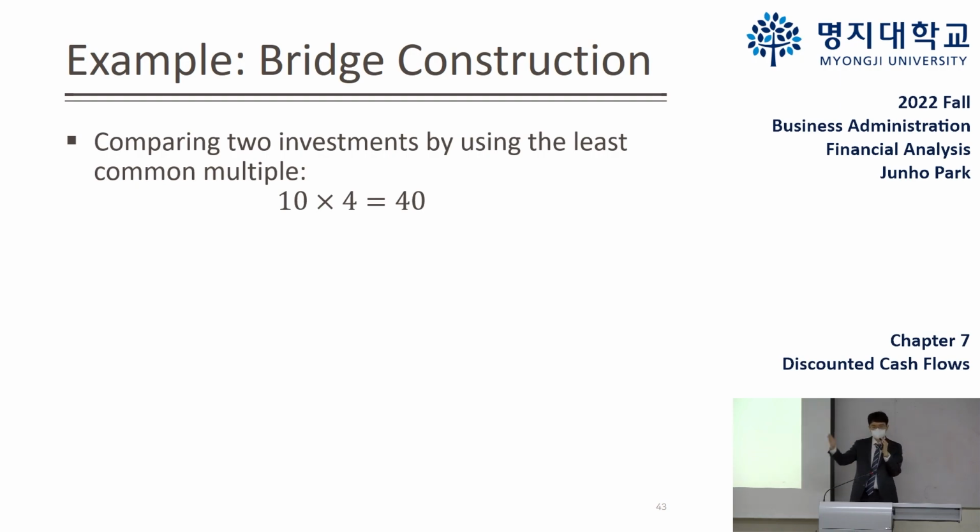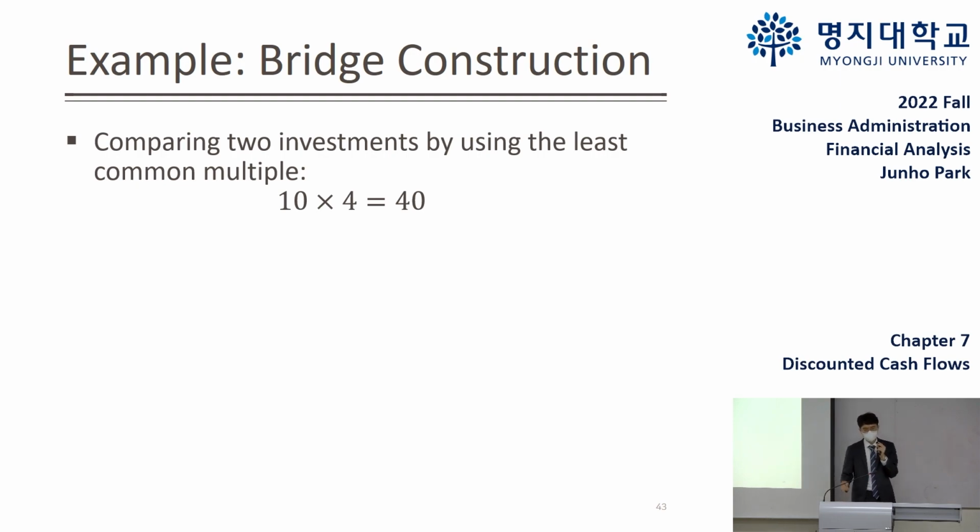we have to set their length the same, and one way was to calculate the least common multiple and consider that for each of these bridges we are going to maintain it for 40 years.